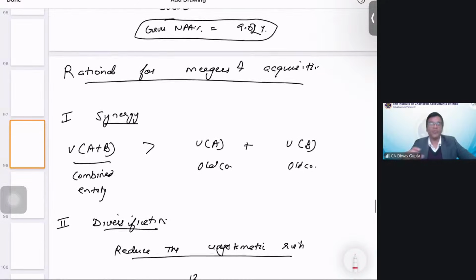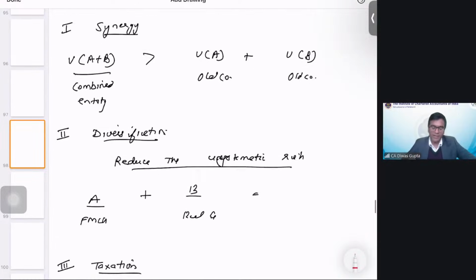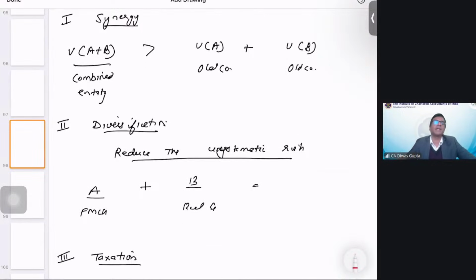So, students, in your portfolio management, you would have studied that the unsystematic risk can be diversified, right? There are two types of risk, right? Systematic risk and unsystematic risk. Systematic risk is because of the macro factors. Unsystematic risk is because of the industry or the company specific factors. So that unsystematic risk can be diversified.